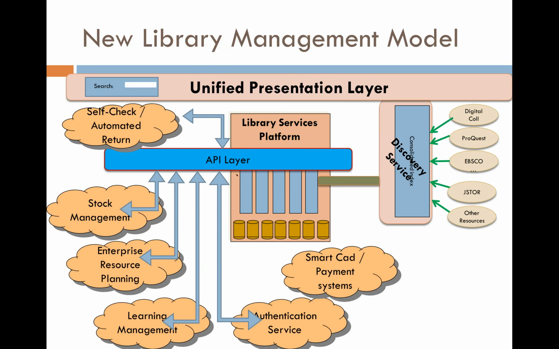This is a slide that I show that shows my overall vision of what a library automation system should look like. There are still multiple things going on behind the scenes. The library services platform, I think, ties them together better than the Integrated Library System did because it's built out of this service-oriented architecture and can really serve as an enterprise system bus to connect things together within the library's own technical environment, the university's environment, and the library business partners' environments and so forth.